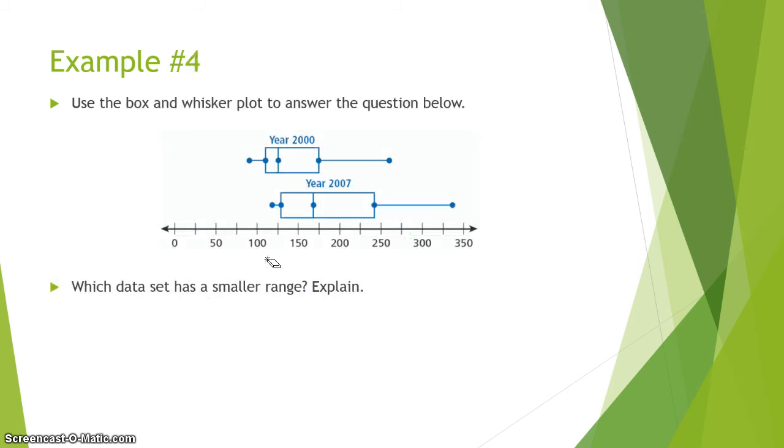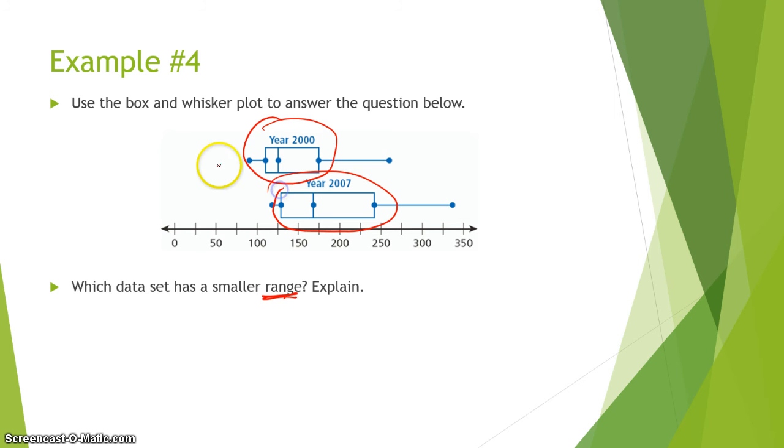Example 4, they've already given you some box and whisker plots, and they want you to answer questions based on these two situations. It says, which data set has a smaller range? Here we're working with years, year 2000 and year 2007, and we're looking at the range. The range here is the interquartile range.